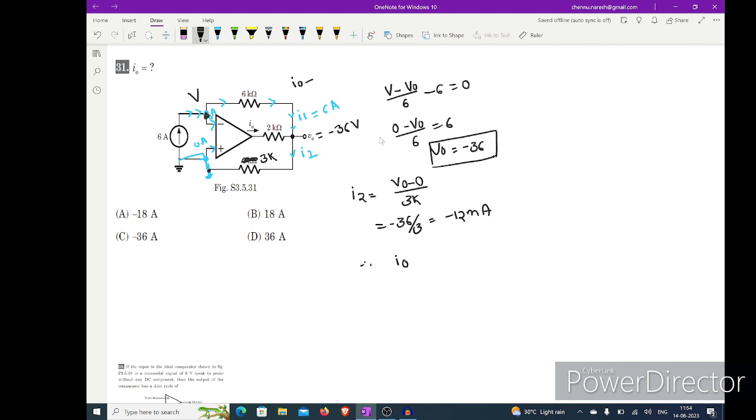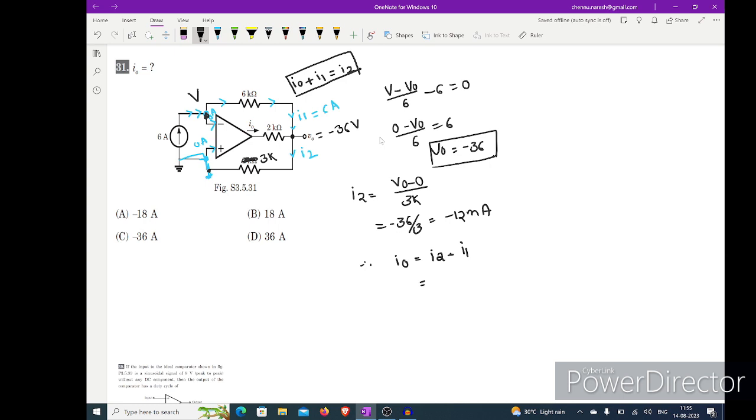So therefore finally we have I naught equal to, I told you, I naught is equal to the sum of the leaving currents minus the sum of the entering currents. Entering currents are I naught plus I1 and the leaving current is I2. This is what we have to find. So we got I1 value and I2 value. Substitute this, I naught equal to I2 minus I1.